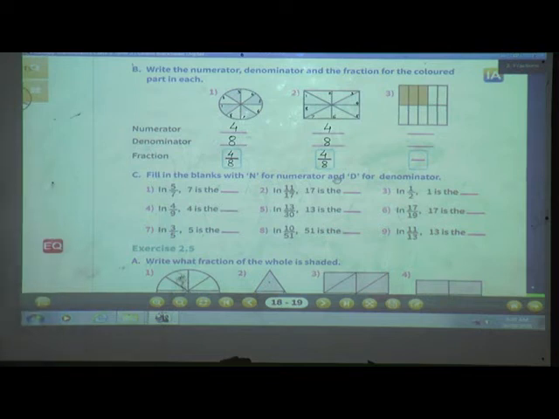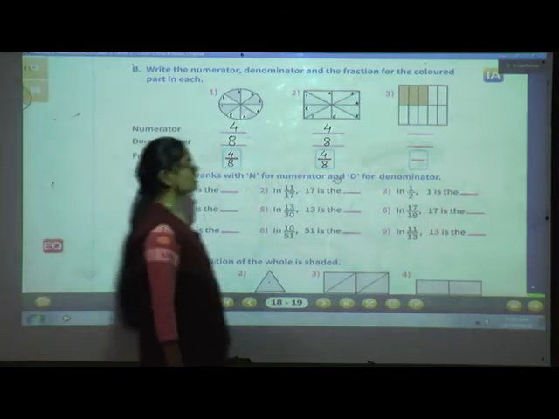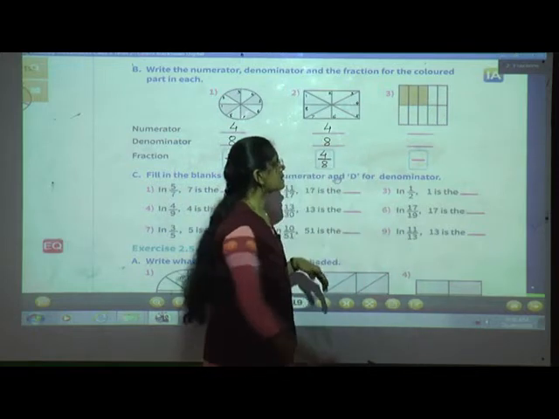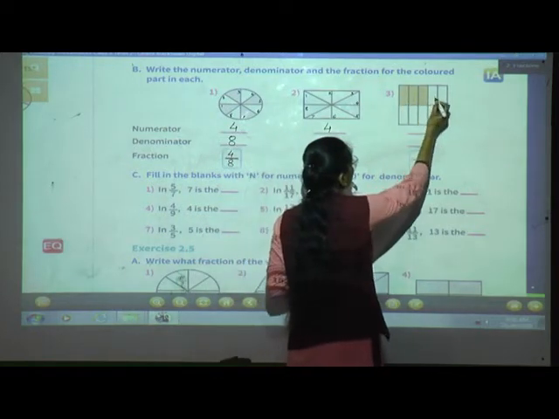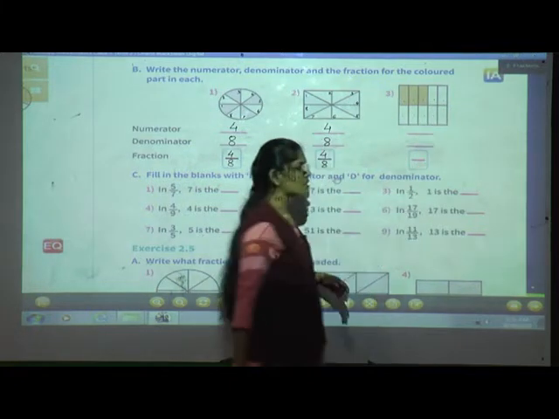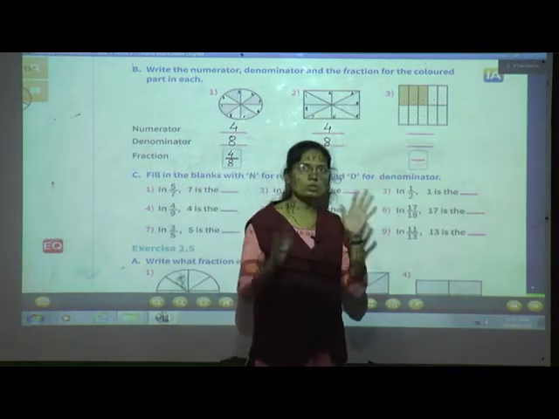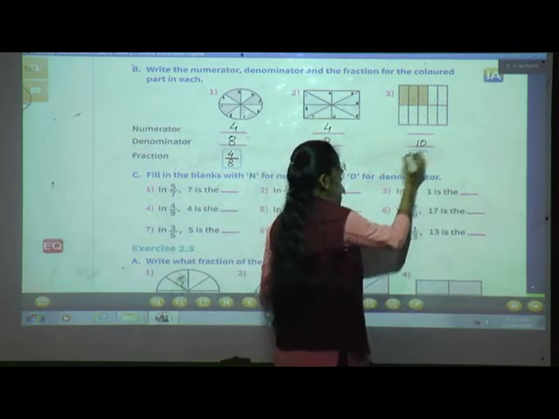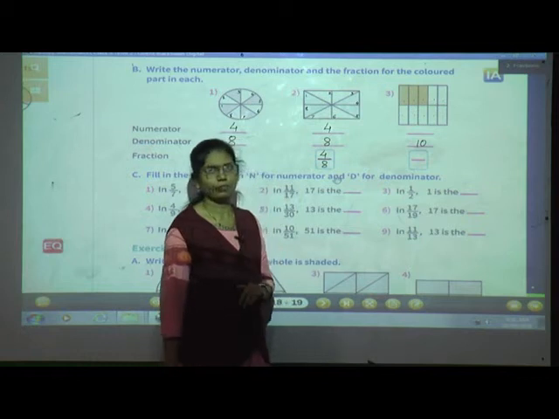Now we'll move to the next example, that is third one. See the given figure. How many total parts are there? Count from your textbook. 1, 2, 3, 4, 5, 6, 7, 8, 9, 10. This whole is divided into 10 equal parts. So at the denominator place we'll write 10.